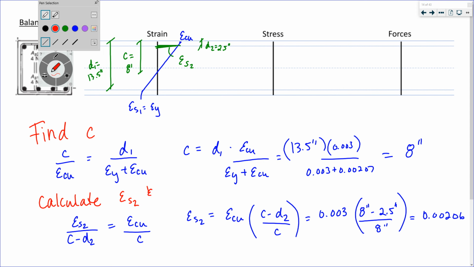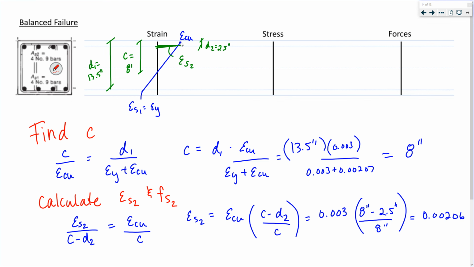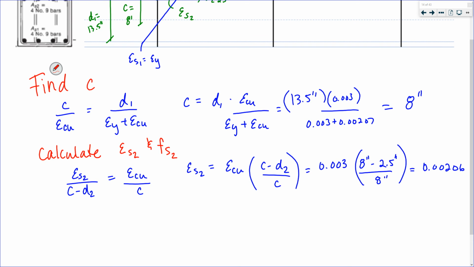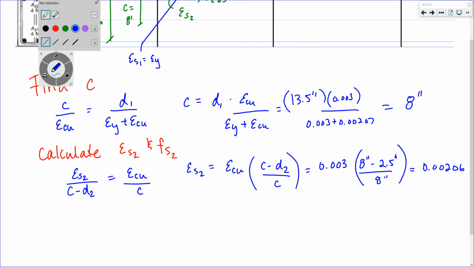I'm going to calculate the stress associated with that. Oh, well, I'll calculate that in a second. Right? Yeah, let's do it now. My stress is equal to E times my strain.